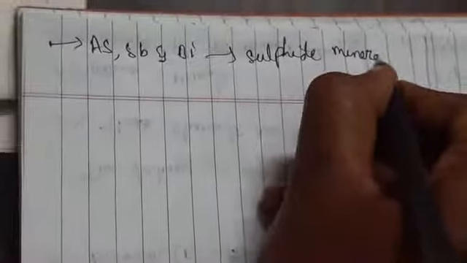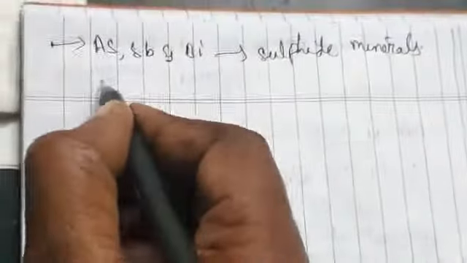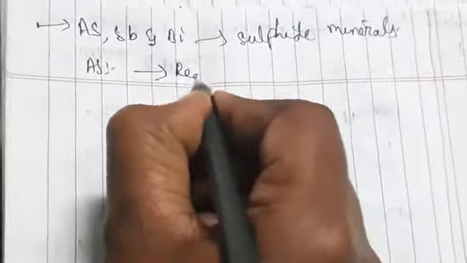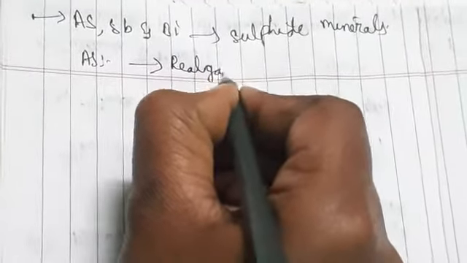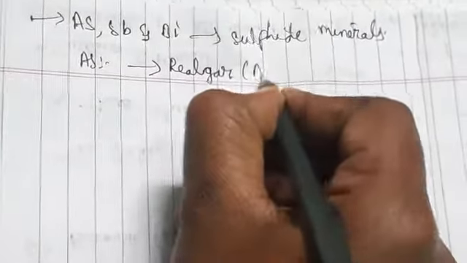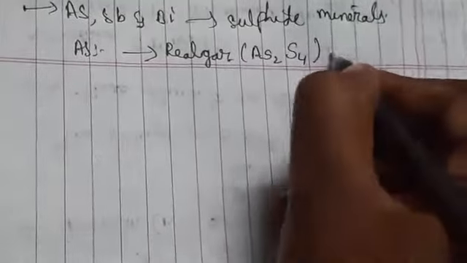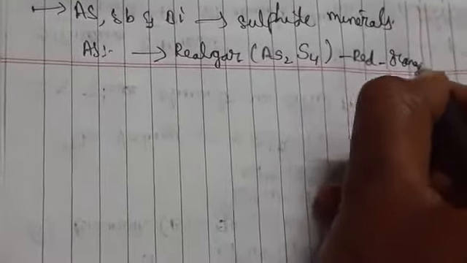Arsenic has a mineral called realgar, with the formula As2S2, which is red orange in color.